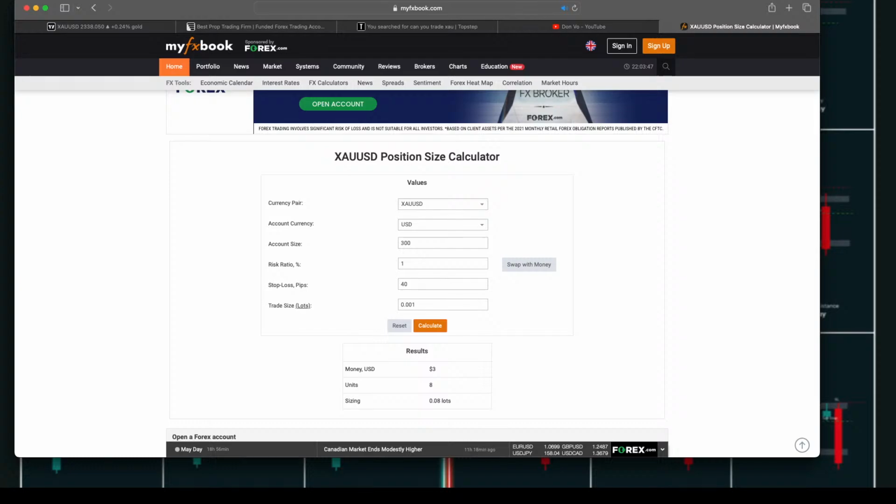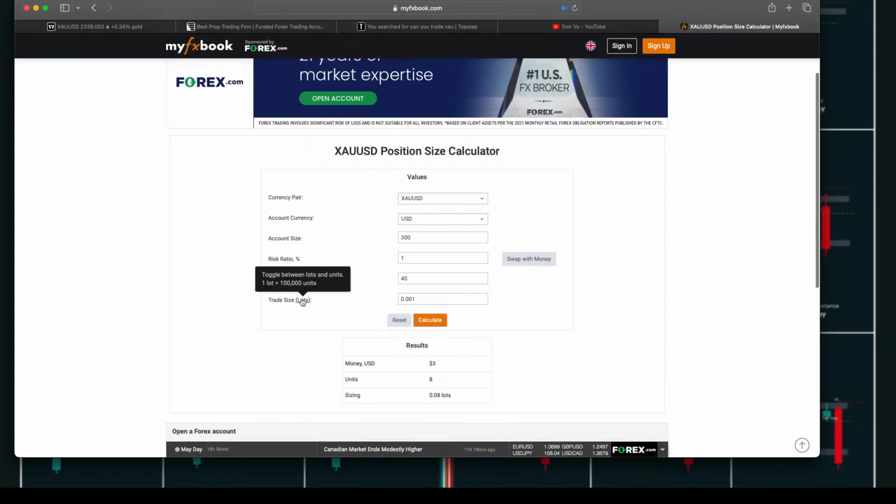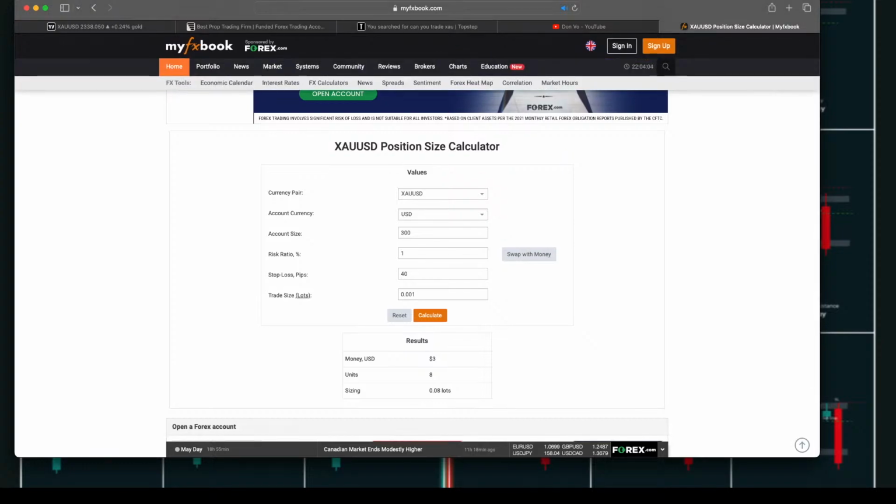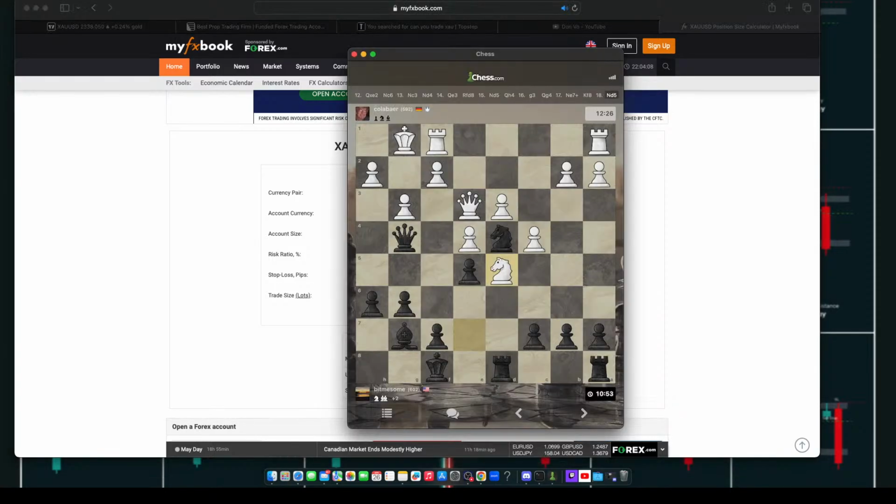That's what that is, because like I said, it's toggle between lots and units. One lot equals 100,000 units. So this would be the percentage of 100,000 units, whatever that is. But yeah, I gotta check that out. I've been practicing on figuring that out, trying to work on that too.